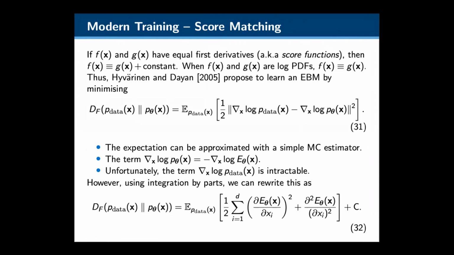But this brings in a new problem: this term over here requires second order gradients, which we know are quite expensive to compute. The big O cost for calculating this is d squared, where d is the dimensionality of our data, which for real problems that we care about is probably too expensive.